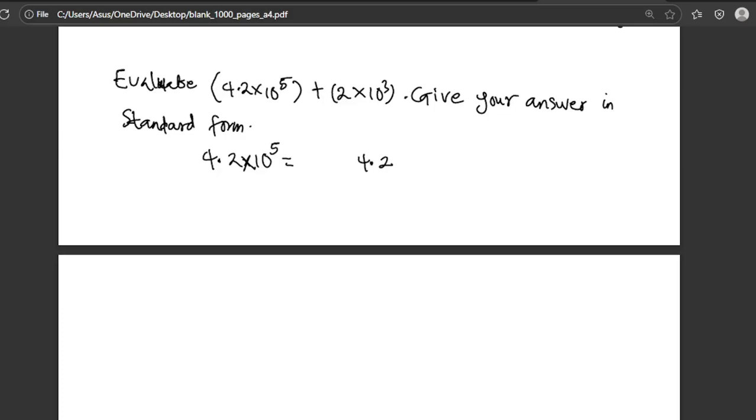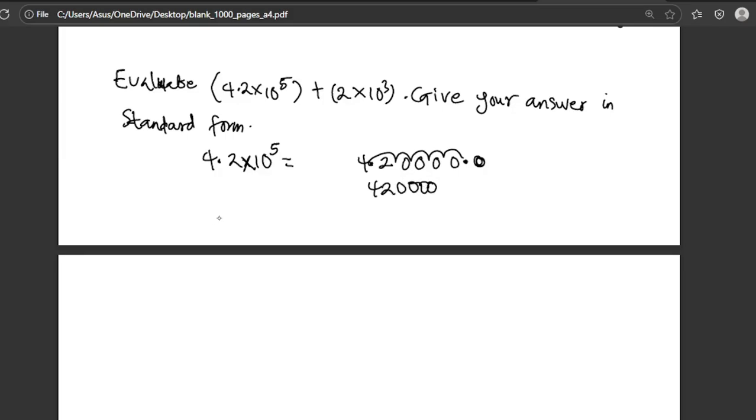Obviously, 10 to the power 5 is plus 5, to the right. Remember, right is for plus, left is for minus. So we have 1, 2, 3, 4, 5 places, and then those empty places, fill them in with zeros. That's 420000.